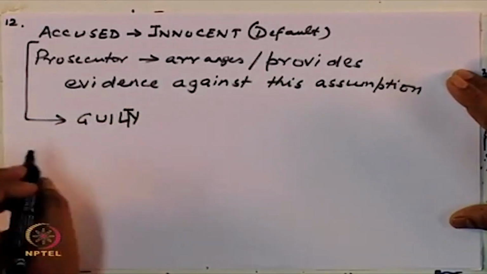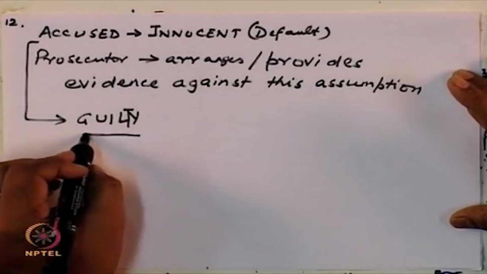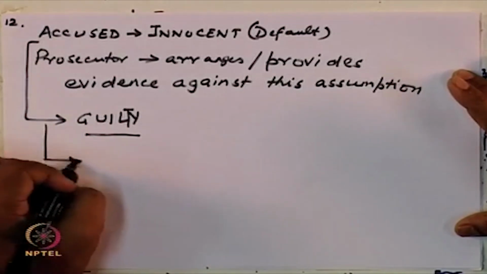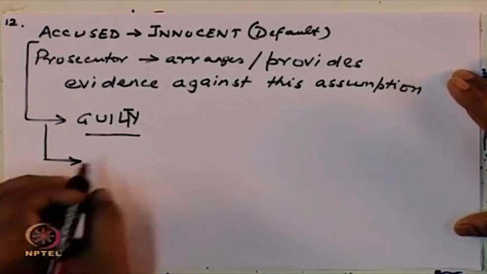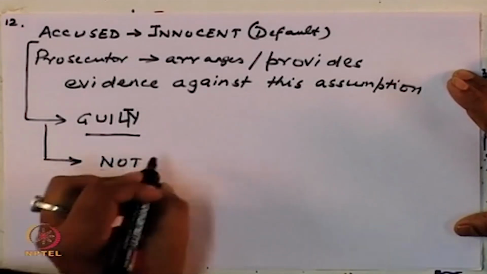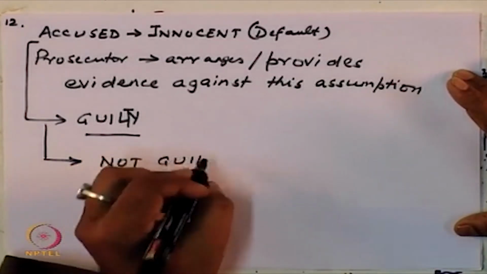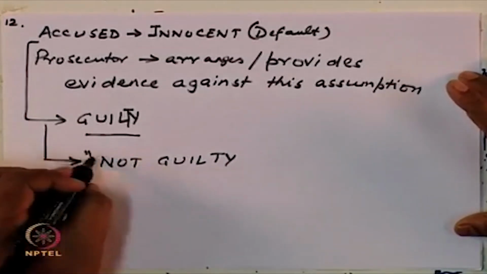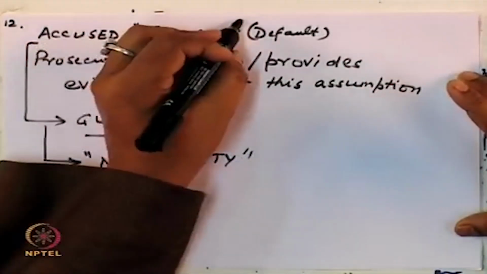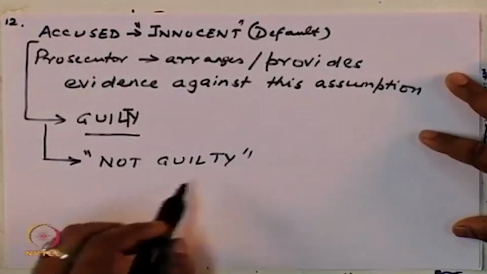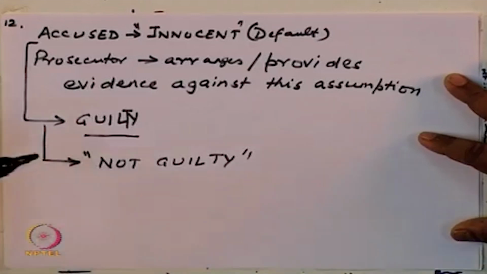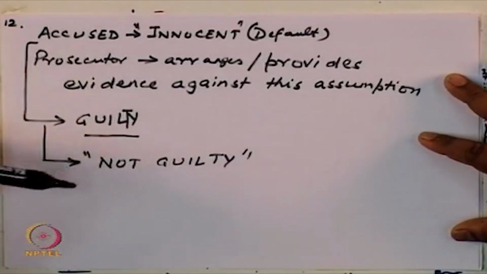But if the evidence is not substantial, then the person is declared not guilty. So, note the difference: not guilty and innocent is not the same. It just says that there was not sufficient evidence to label this person as guilty.